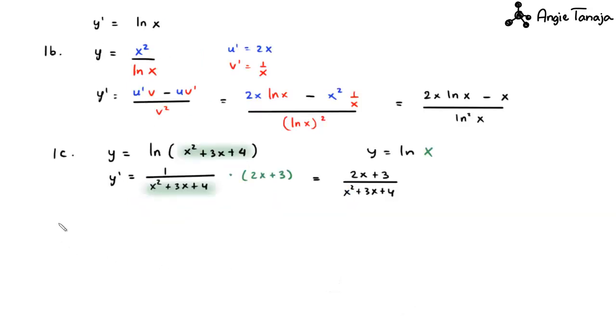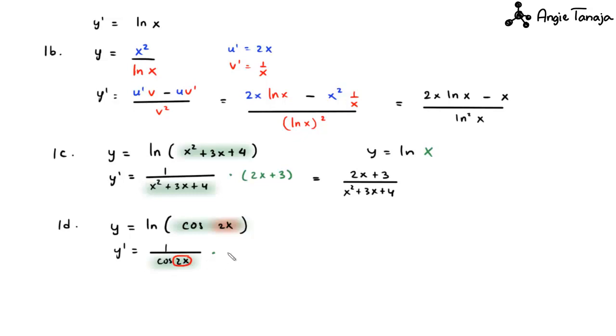Okay, let's take a look at 1d. In 1d we have y equals ln something, and the something actually is cos another something. So the y prime will be 1 over cos 2x, right? And then we have to multiply it with the derivative of cos 2x. But because we are not able to do cos 2x directly, we let it be cos something.